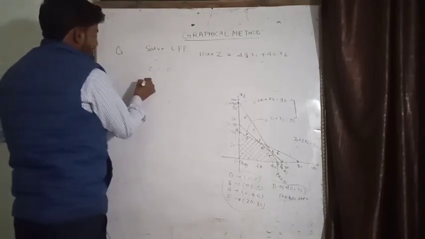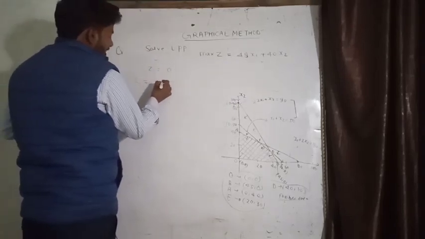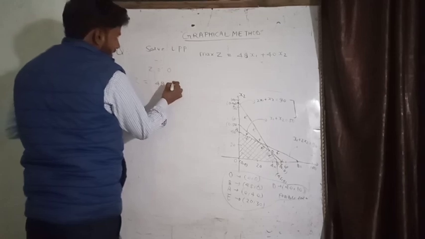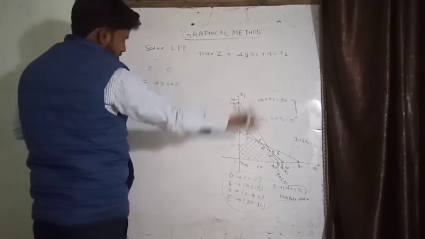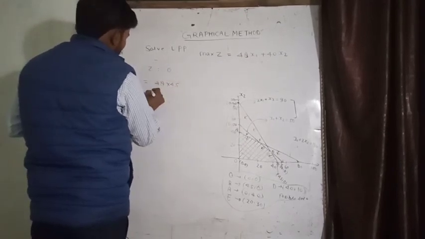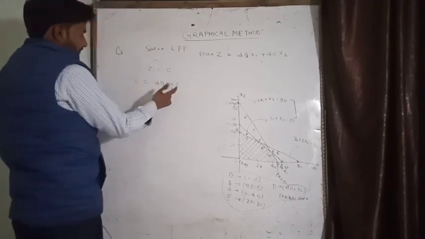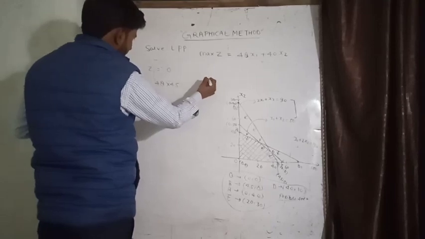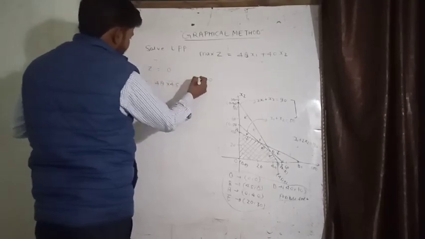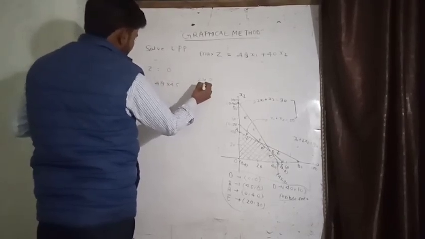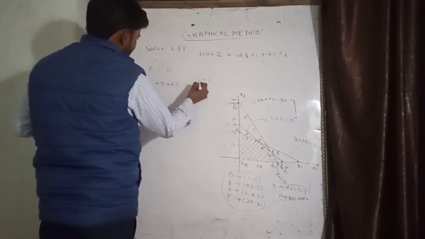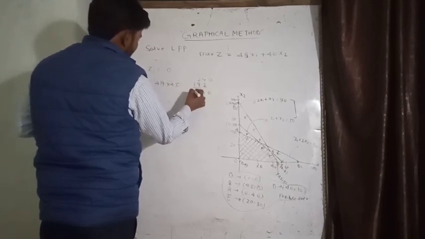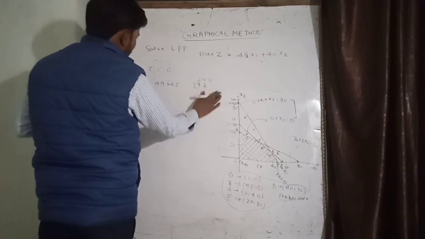So Z becomes 48 into 45 plus 0, which after multiplying is 2160.